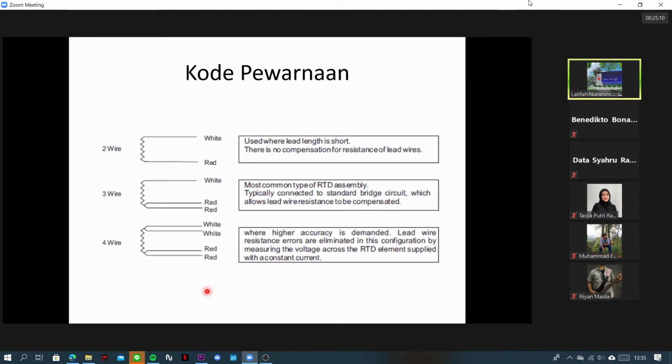So this should be standard. The same in RTD, the wires can be platinum or copper or nickel, but those wires should be wrapped with standardized color plastic.